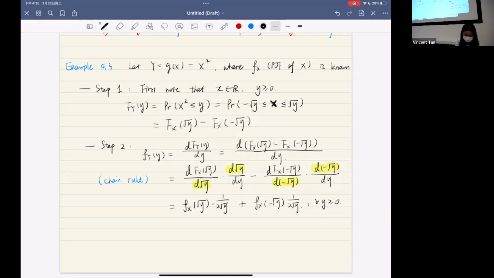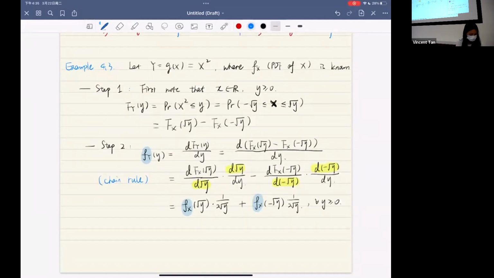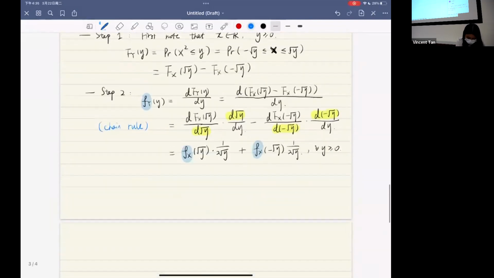So we can use this technique to represent the PDF of y using the PDF of x. No question. Then let's move on.